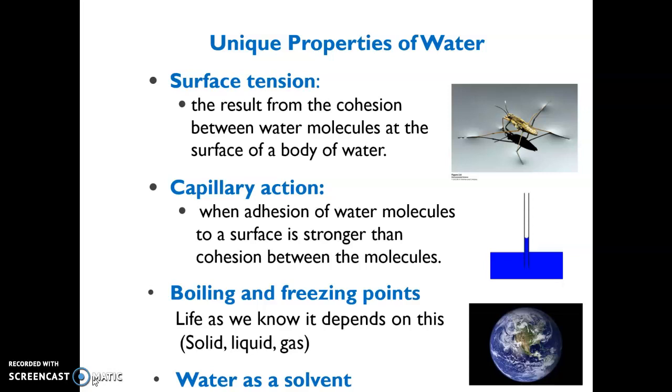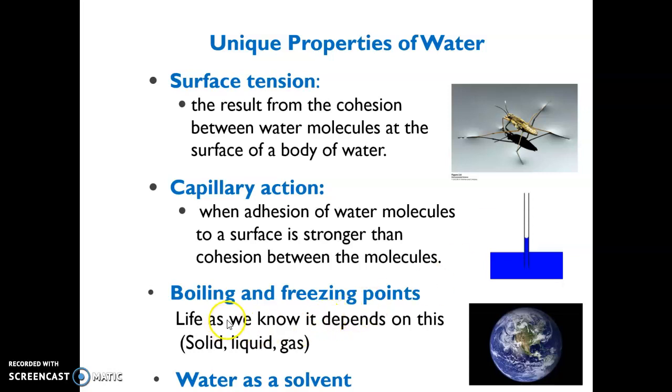So the water movement is caused by capillary action. So as the plant has water in the soil, it draws it up through capillary action and eventually goes through the entire plant. This is something that we'll talk about a little further later.